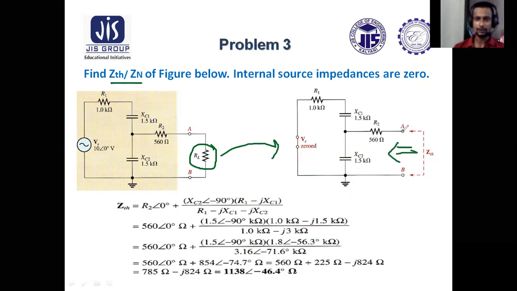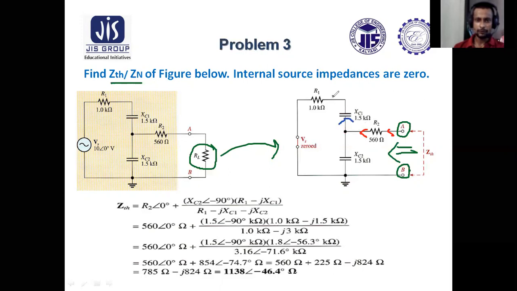So while looking back into the network, as I said, you are initially at point A, you want to reach point B. So how can you reach? You may follow this path. Okay. When it comes to this point, you have two different paths.